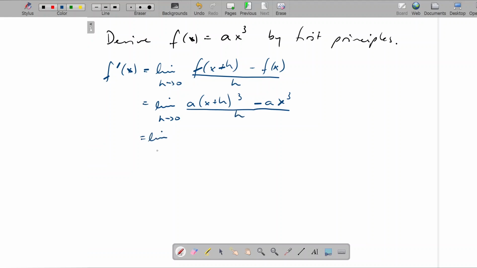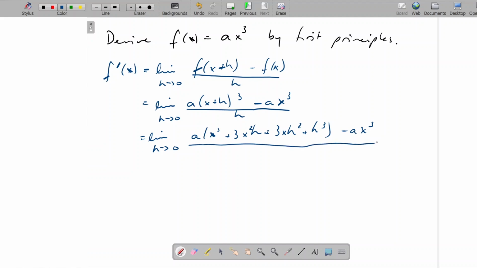Equals, now I'm going to unfortunately need to be fairly quick here, so I'm going to expand quite quickly. Ax cubed plus 3x squared h plus 3x h squared plus h cubed minus ax cubed, all over h.